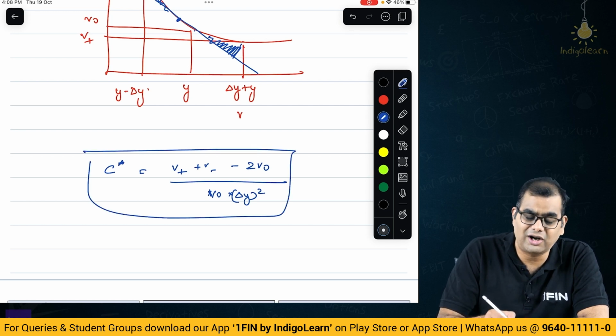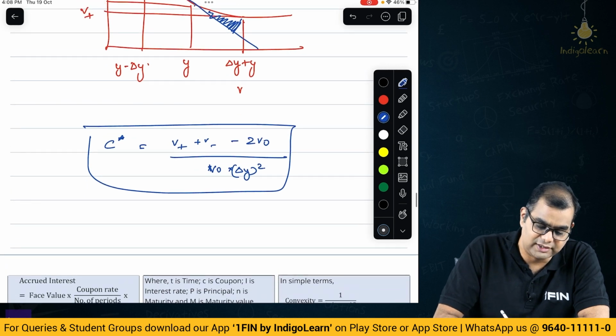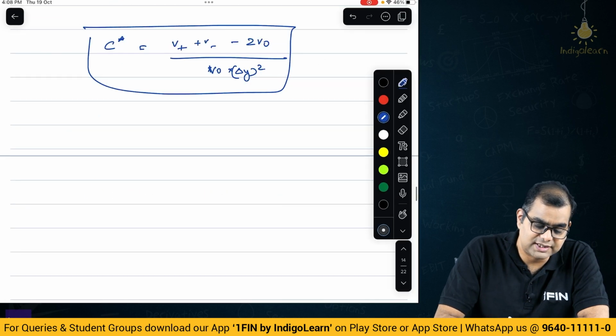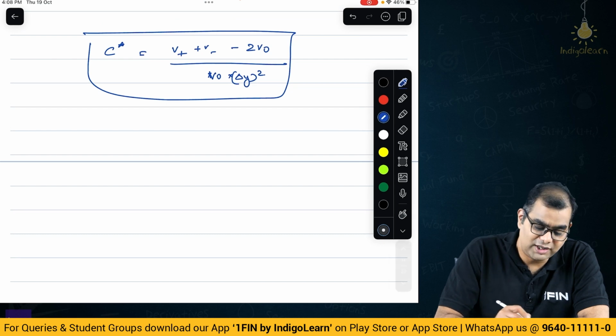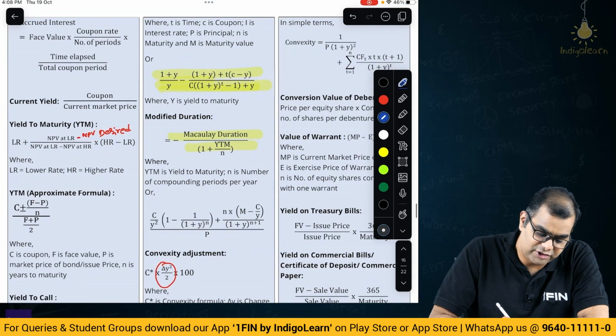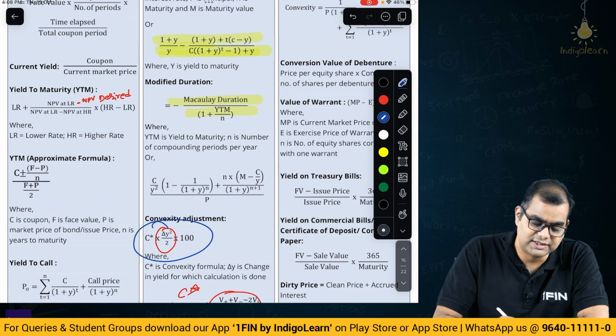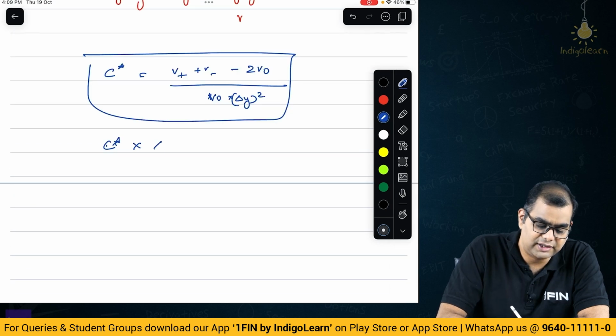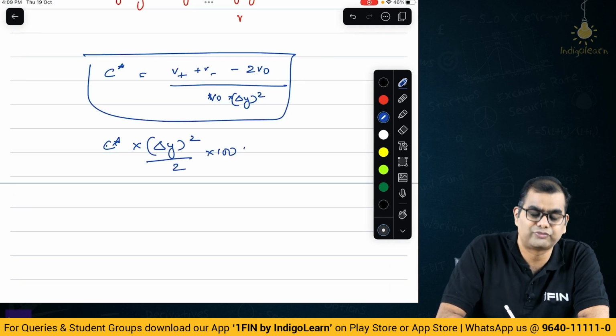But this convexity is not directly the exact impact. You have to again do something else. This is just the value of C star. The adjustment that you have to do for convexity is C star into delta Y square by 2 into 100.